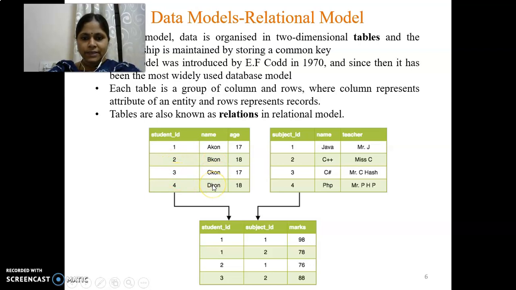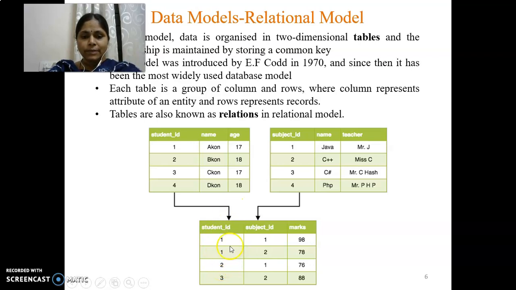Suppose we see here Akon, student number 1, has Java marks, where Mr. J is teaching and his marks are 98. Similarly, student ID 1, his subject 2, C++, he is getting 78 marks. So, in this way, if the first student has all the subjects, then simply we will write 1, 1, 1, 1 like that.